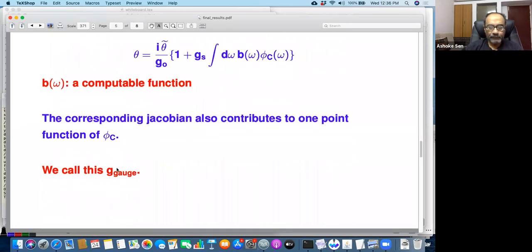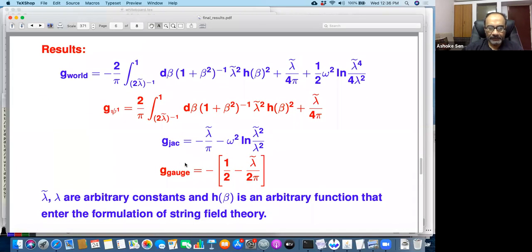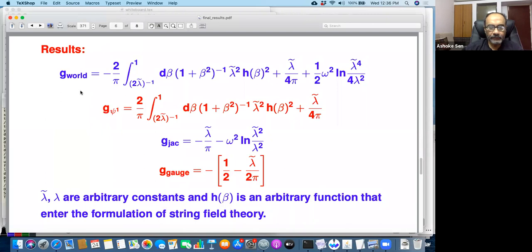So this gives you a new contribution to the G of omega, which you can call G gauge. And now here I give the results for these different components. You see that various things have appeared. Lambda tilde is a new parameter, just like lambda. This in fact enters the construction of the open string 3-point vertex that you just mentioned.